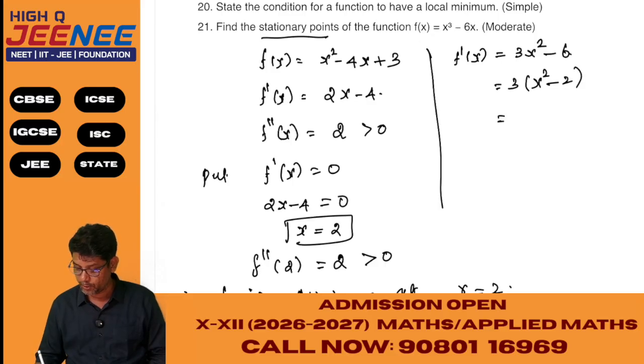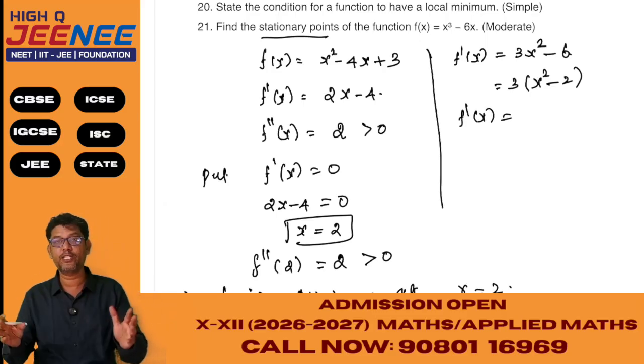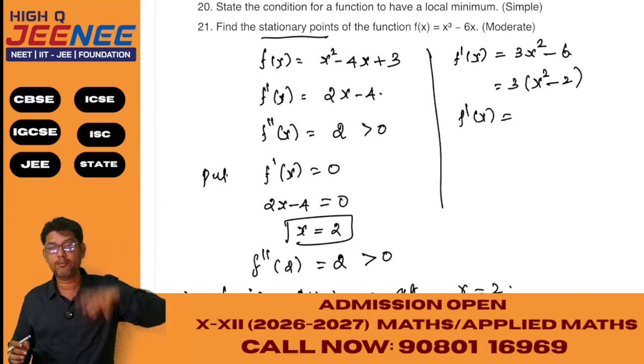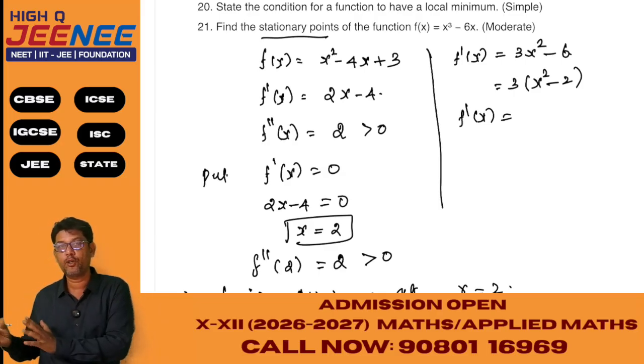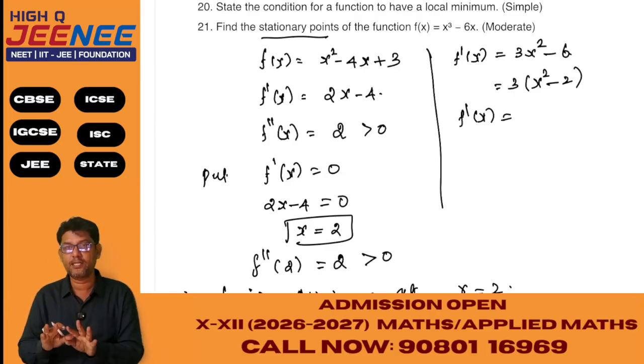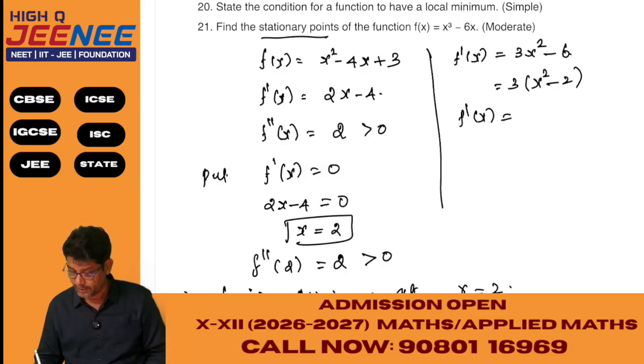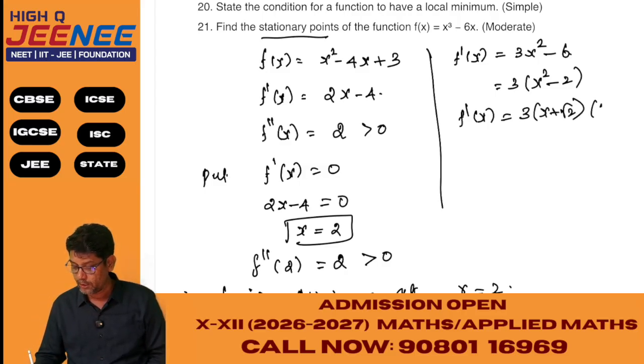So put f dash of x equal to 0. Critical point, stationary point, everything is one and the same. For example, the Tamil Nadu State Board system follows the term stationary point, and the CBSE curriculum follows critical point. Both are one and the same. F dash of x is equal to 3 into x plus root 2, x minus root 2. So therefore, x is equal to minus root 2, comma, plus root 2.